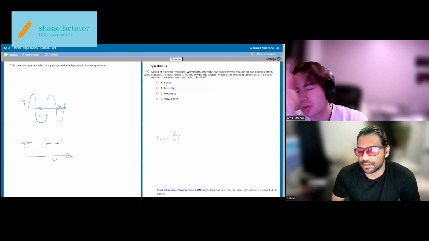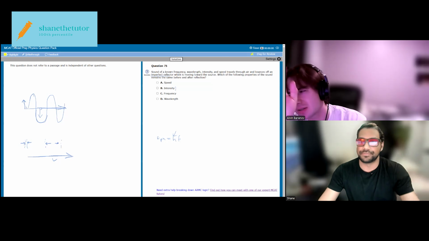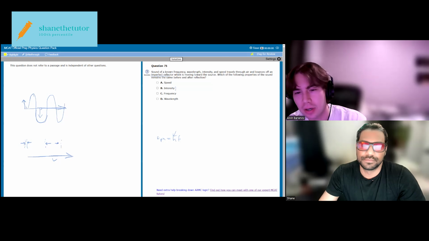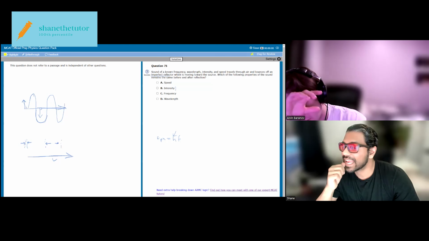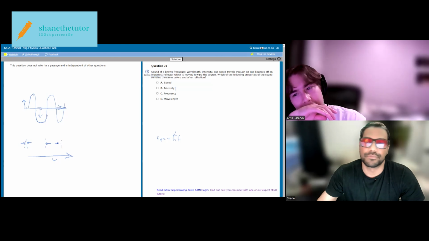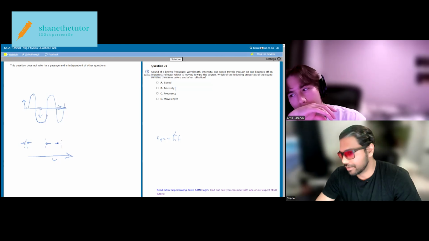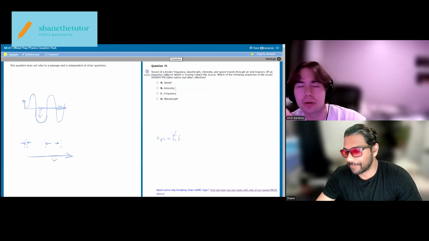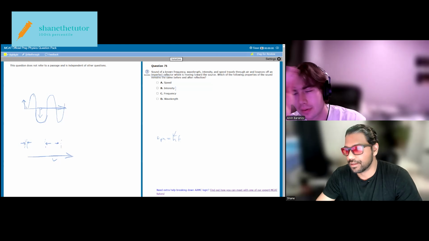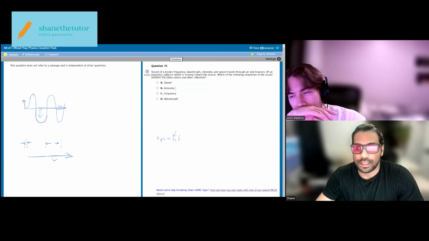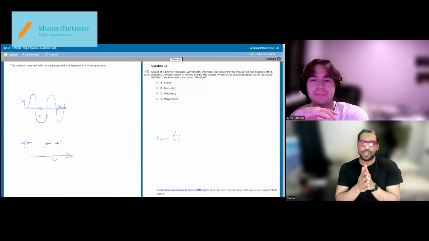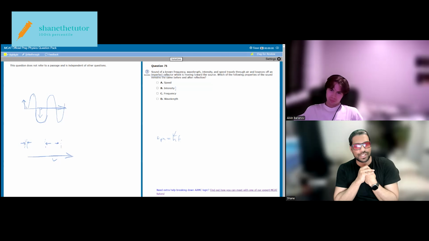But hold on. You said the frequency would change if the energy changes, you said that, right? But we're talking about sound here. Isn't E equals hf for light? That's for light, and light is when you don't have a change in that frequency.